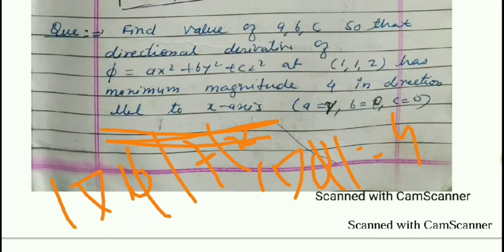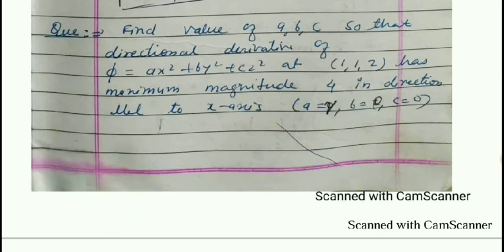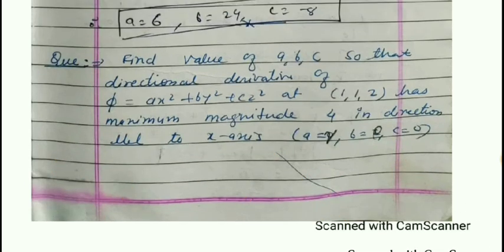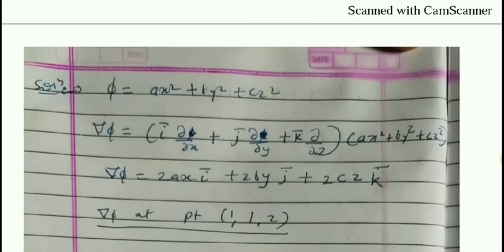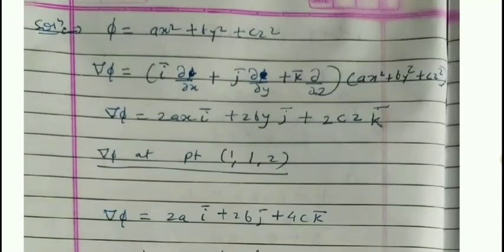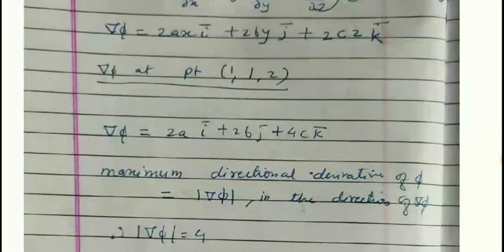Parallel to x-axis means in this question the i vector is present, but the other vectors j and k are 0. So phi equals a x square plus b y square plus c z square. Find del phi. Now you are experts in calculating del phi, so calculate it at 1, 1, 2.